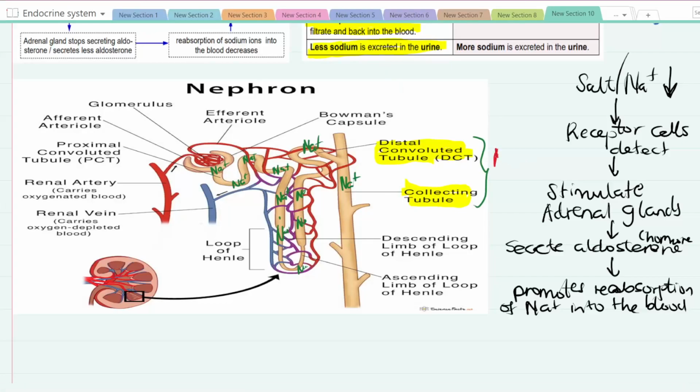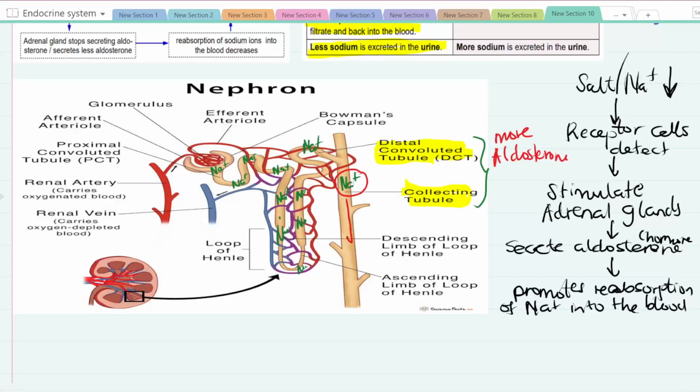So you have your aldosterone. If there's a decrease, more aldosterone is secreted, and if more aldosterone is secreted, it will promote the reabsorption of these salts.